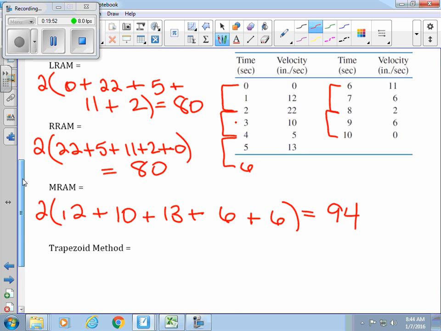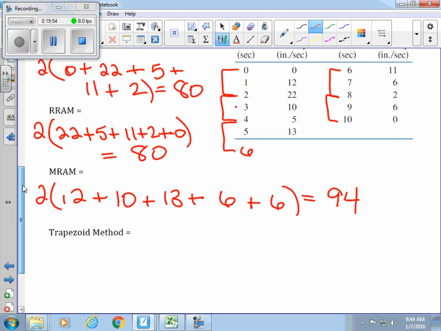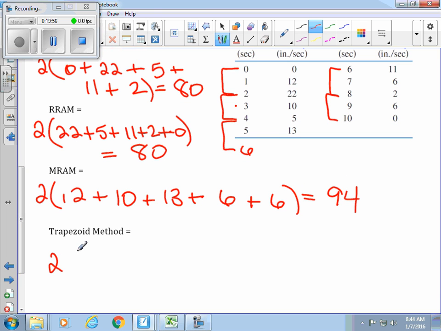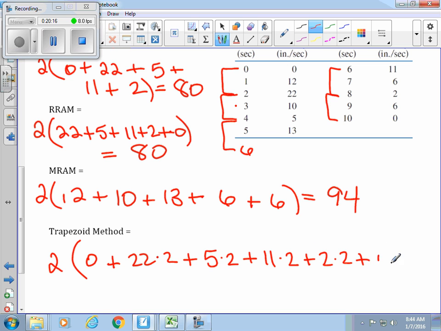Okay, so the trapezoid, now I'm going to actually do it, but we're going to make a mental note after we're done. We're going to do 0 plus 22 times 2, correct, plus 5 times 2, plus 11 times 2, plus 2 times 2, plus 0.